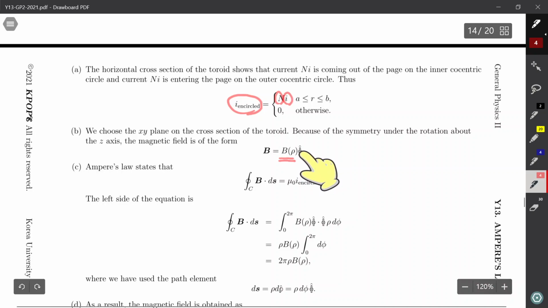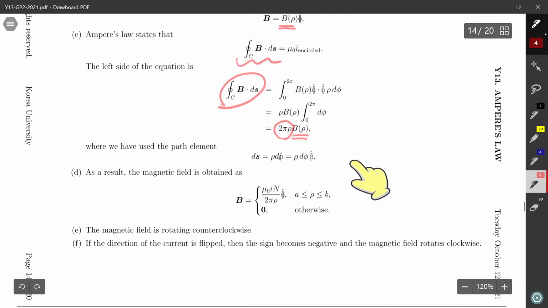Therefore, again, the left-hand side integral is the magnetic field magnitude multiplied by the circumference. Finally, I enclosed is the single current multiplied by the number of turns. And this factor is divided here.